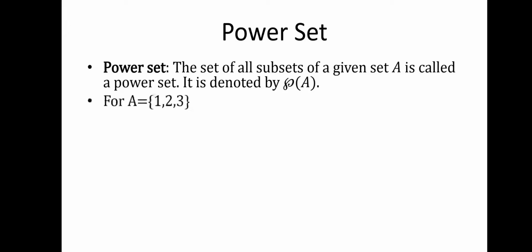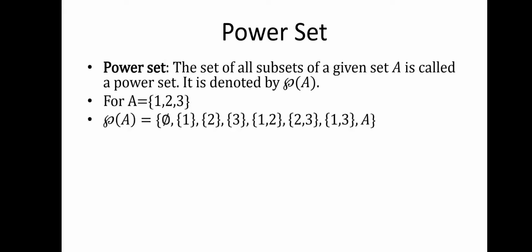Now obviously for the previous example that I have taken, that is A equals 1 to 3, the power set is exactly the same list of subsets, but inside a set, right? Once I understand that power set is actually a collection of sets, meaning it is a set of sets, that is very important for us to understand.